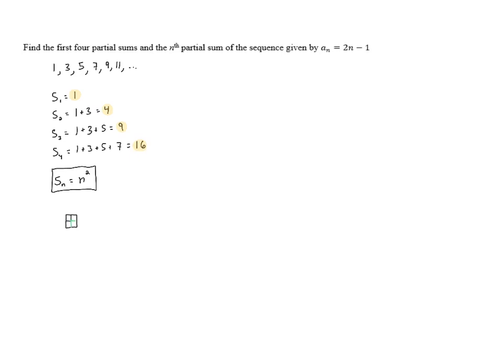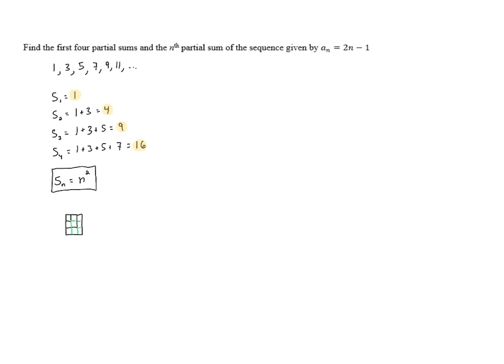And so we can see that this actually gives us a 2 by 2 square, which gives us a total of 4. Then the next one to add is 5, and we can do that by adding another row and column here. If we add 5 more squares, 1 plus 3 plus 5 ends up giving us a 3 by 3 square, which of course is 9 units in area.